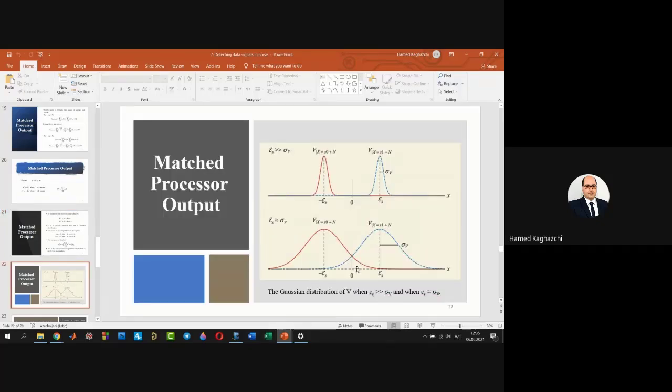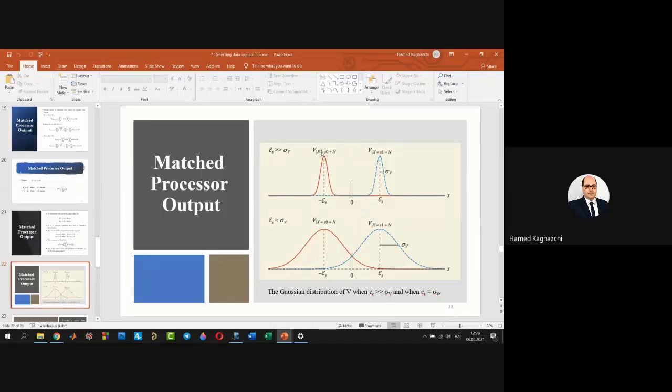Look at here. We can find an interesting result. This is the Gaussian distribution of V when the source produces 0, and this is the Gaussian distribution of V when the source produces 1. And this 0 is the threshold.